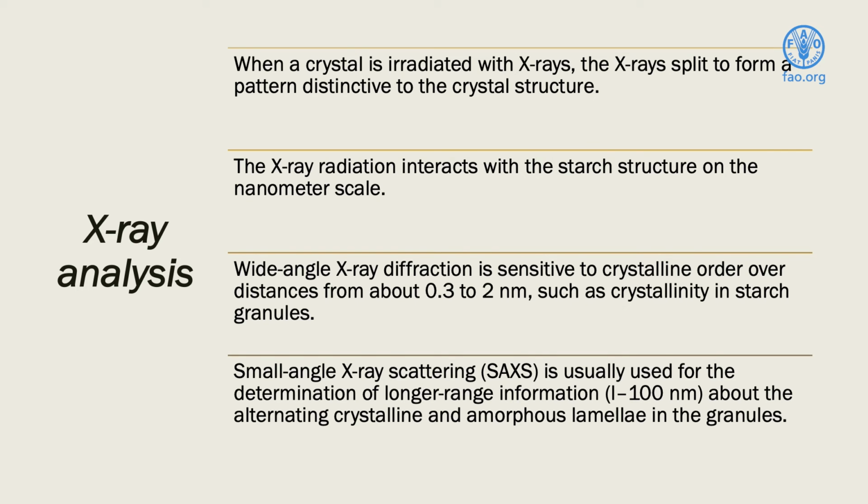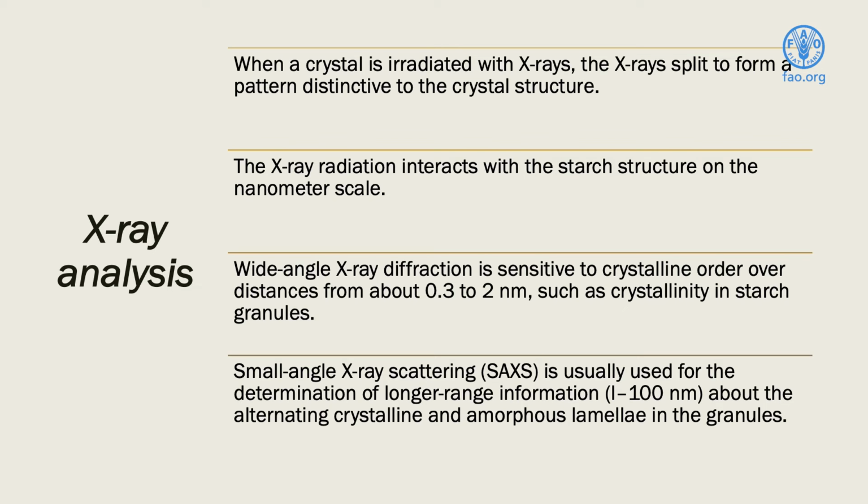Next one is X-ray analysis. When a crystal is irradiated with X-rays, the X-rays split to form a pattern distinctive to the crystal structure, and X-ray radiation interacts with starch structure on the nanometer scale.